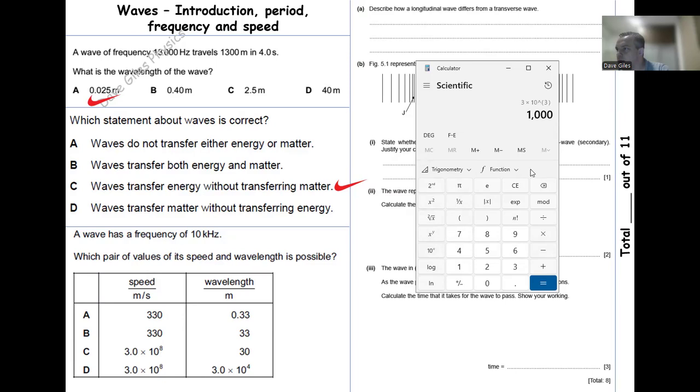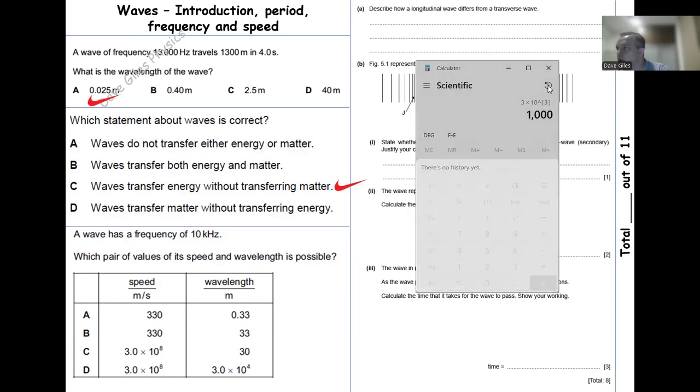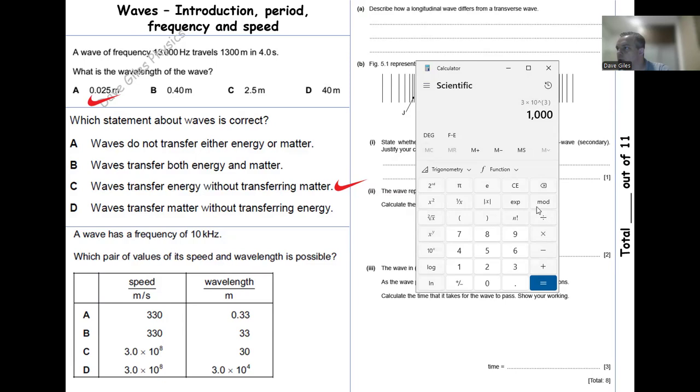Okay, so I'm going to type it out the old-fashioned way. 3 with 8 zeros, 1, 2, 3, 4, 5, 6, 7, 8, just because I'm not sure I use this calculator yet.